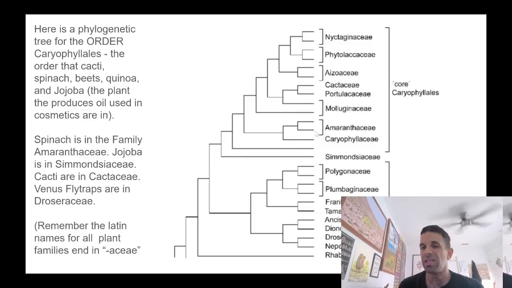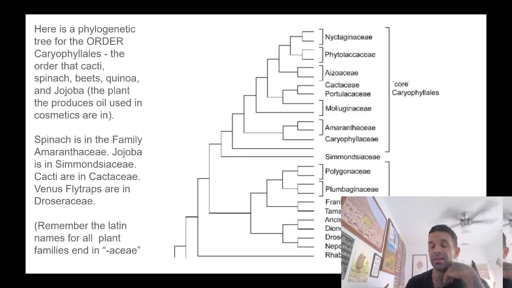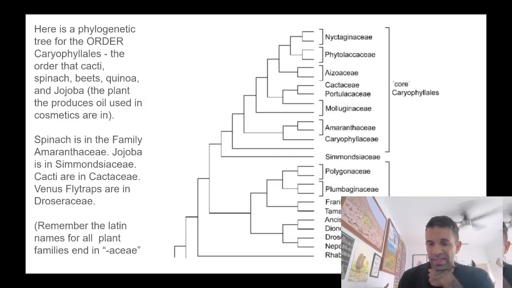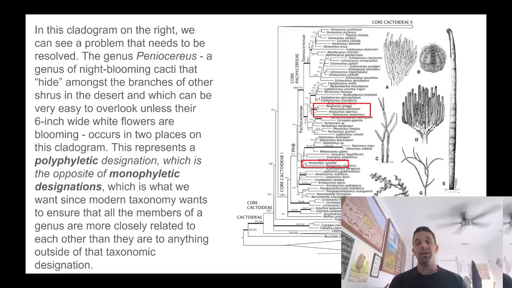Amaranthaceae, spinach, quinoa, that are in Amaranthaceae. That's all the same order as cactus and Venus flytraps, etc. But you can see Venus flytraps are in this other clade, the non-core Caryophyllales from this one, the core Caryophyllales. And then jojoba is right there in the middle. Okay, and again, DNA backs this up, flower morphology backs this up.